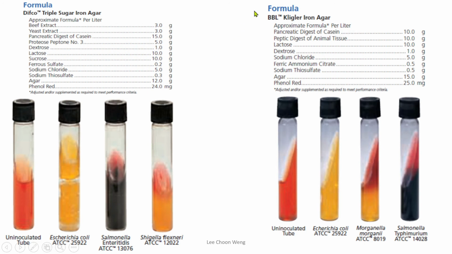So this is another media that is actually a precursor to this triple sugar iron agar, the Kligler's iron agar. Here there are only 2 sugars, lactose and dextrose. The ratio is also the same, dextrose in very small amounts, only 1 gram, whereas lactose is 10 grams.